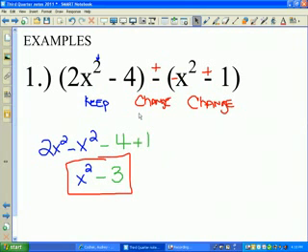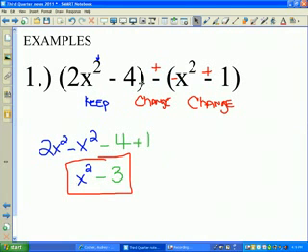And the reason why I like to say keep, change, what I'm basically doing, I'm distributing this negative to everything inside the parentheses so I can do it through addition. So if I can do it through addition, it'll be a lot easier. The reason why I have you guys do this, because I know visually you're going to say, all right, 2x squared minus x squared is going to give me an x squared. Beautiful. But this is what always happens.